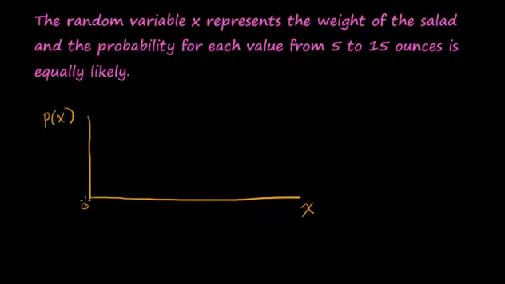So I'll say this is 0. Here's 5. About here would be 10. And about here would be 15. And these are ounces. So this is the salad weight in ounces.